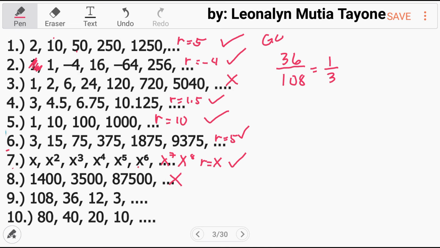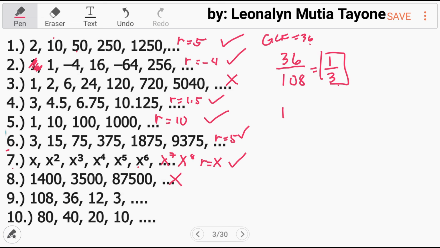We just found the greatest common factor to simplify 36 over 108, rather than dividing, which equals 0.333. So instead, let's go to fraction form. 36 over 108. We found the greatest common factor, which is 36. So 36 divided by 36 equals 1. 108 divided by 36 equals 3. So 1/3 is the ratio of those two.